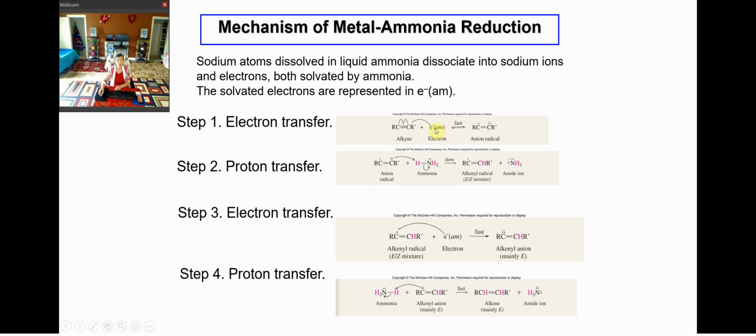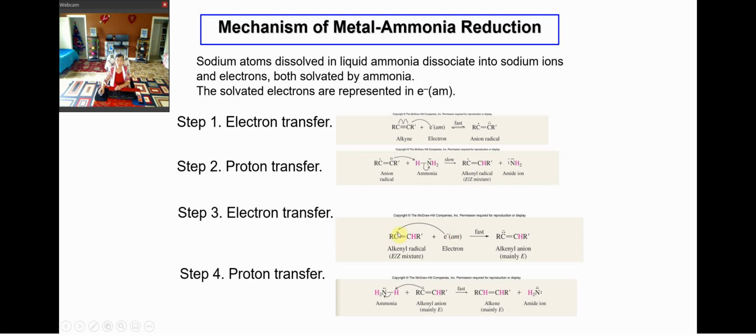And then you have sodium dissociated into electrons and sodium cation. These solvated electrons coming from your sodium dissociation are again going to be paired with your unpaired electron from carbon. This radical, this alkene radical, has a carbon with an unpaired electron.